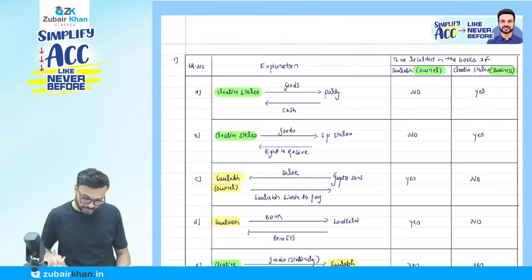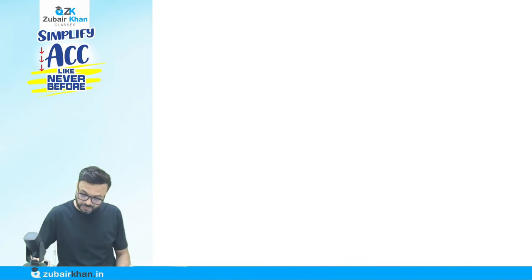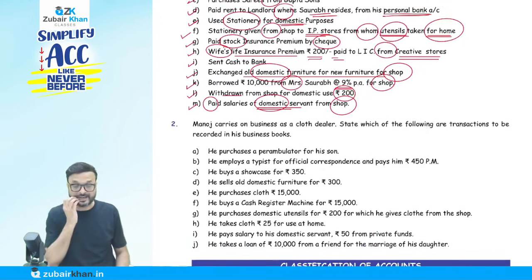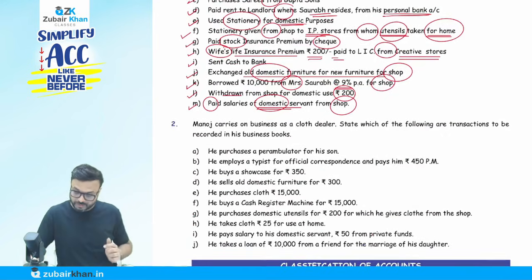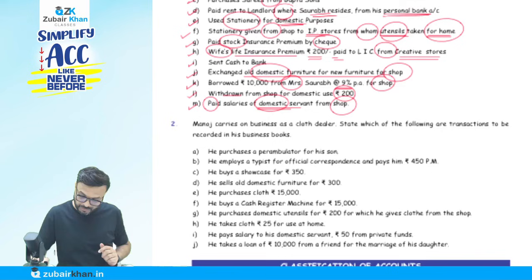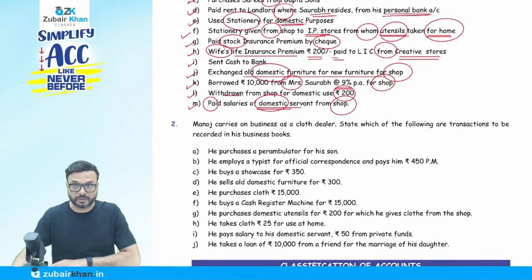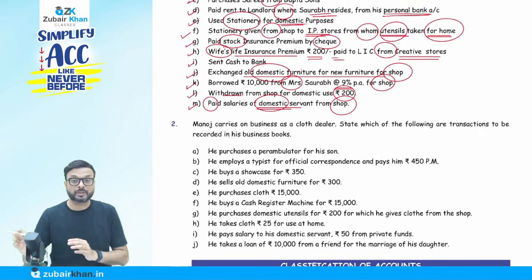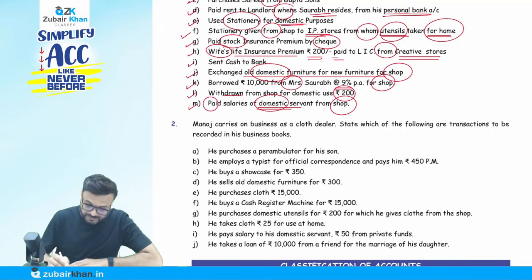Now we are done with question number 1. Similarly, we have question number 2 also. Here also we have to decide in which books of account the transaction should be recorded. So what does question number 2 say? Manoj carries on business as a cloth dealer. State which of the following transactions are to be recorded in the business books.